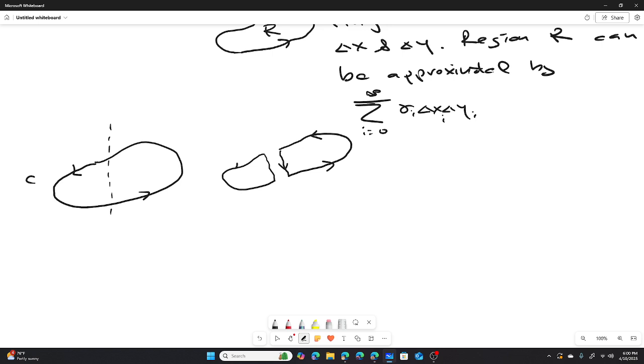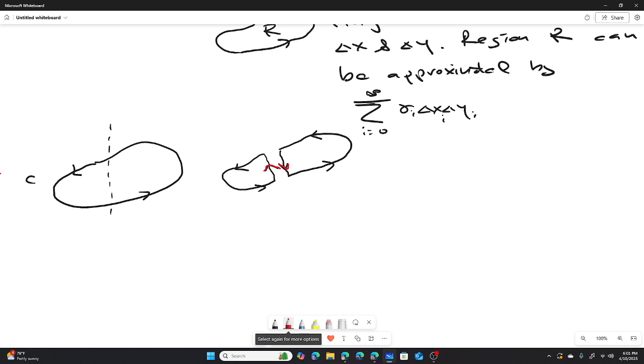Whereas for the bottom left part of the curve, you have like this. So notice that the arrows are in opposite directions. So they are anti-parallel with respect to each other.